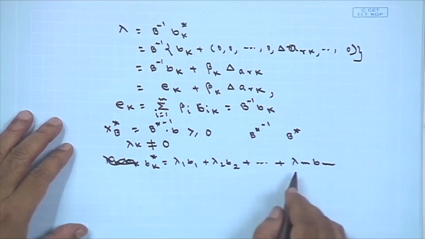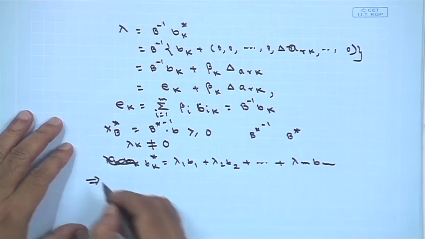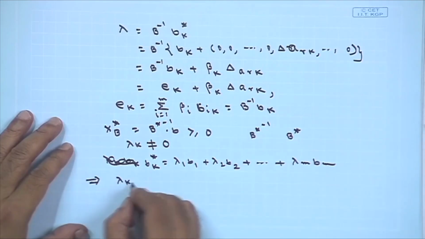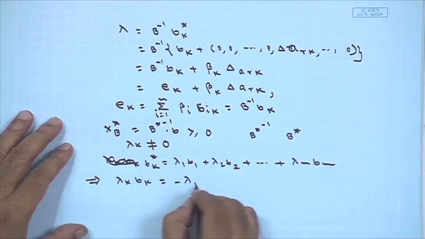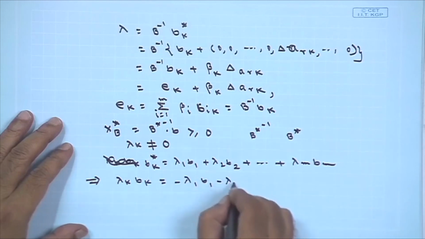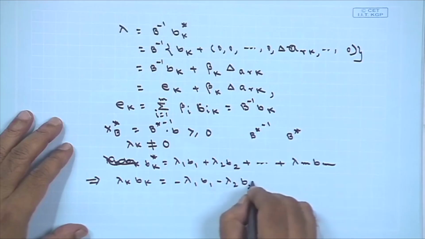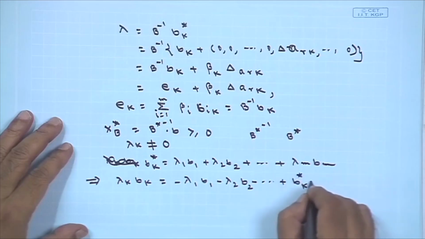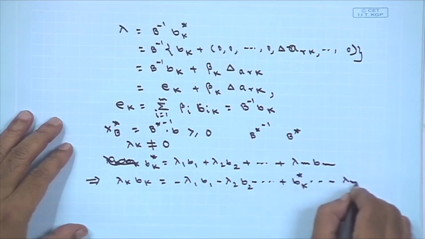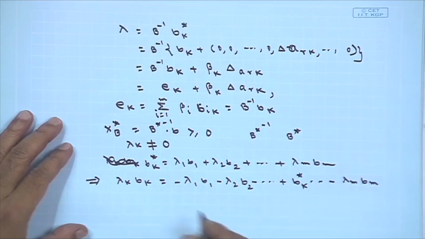So, once I am writing this, this implies lambda_k b_k is nothing but minus lambda_1 b_1 minus lambda_2 b_2, going on this way, plus b_k star, and the last one will be minus lambda_m b_m.